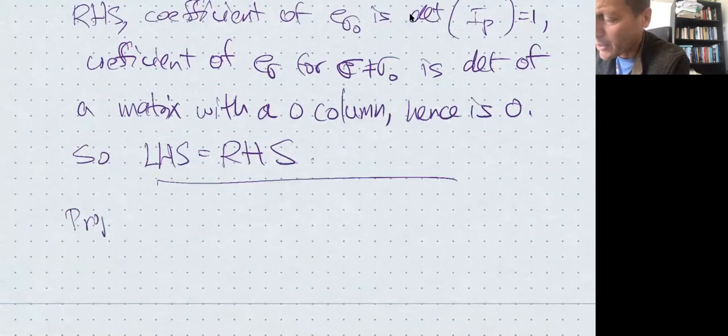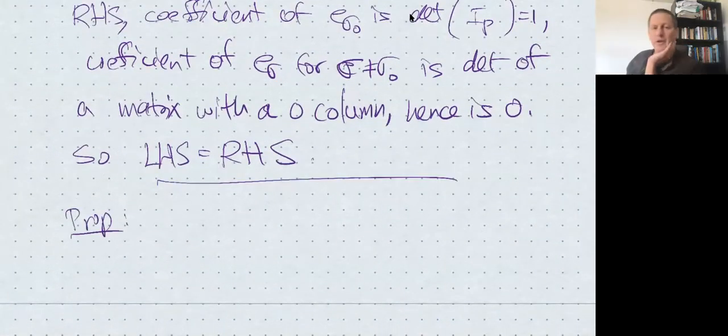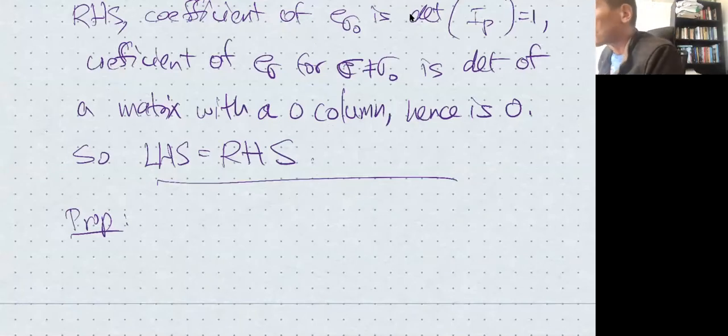One more proposition. We defined an inner product, so we have a norm. How does the norm behave with respect to this exterior power product? It can't go up.